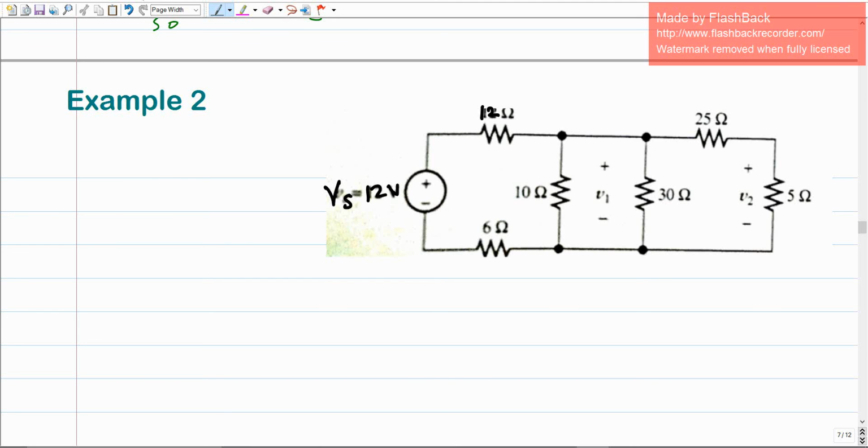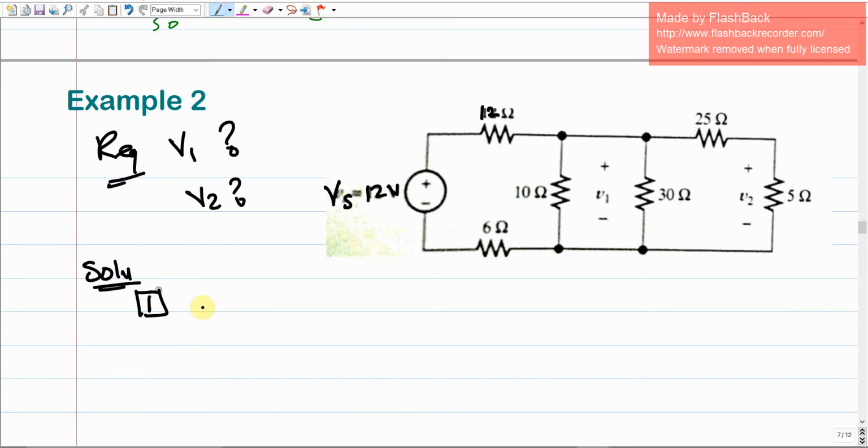It is required to find V1 and V2, the voltage over the 30 ohms and the voltage over the 5 ohms. Forget about the requirement, the solution procedure is the same.